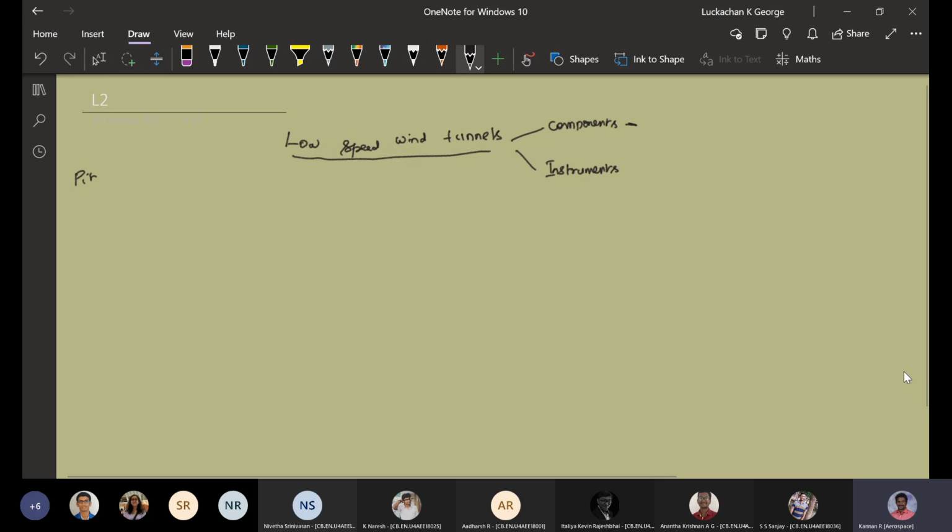So one is the pitot static tube. Another is flow angularity.